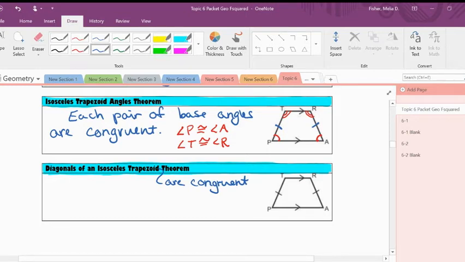That means that the diagonals going from P to R and T to A, so PR is congruent to AT. So diagonals of an isosceles trapezoid are congruent.